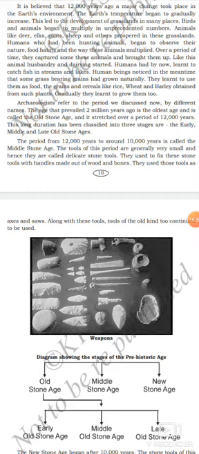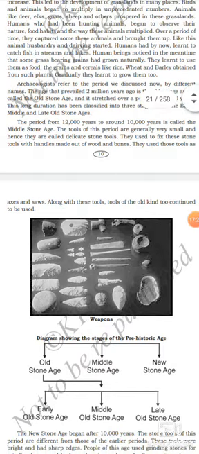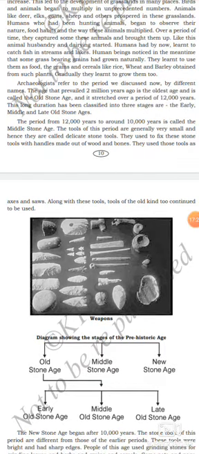And it stretched over a long period until 12,000 years ago. This long duration has been classified into three stages: early, middle, and late Old Stone Age.